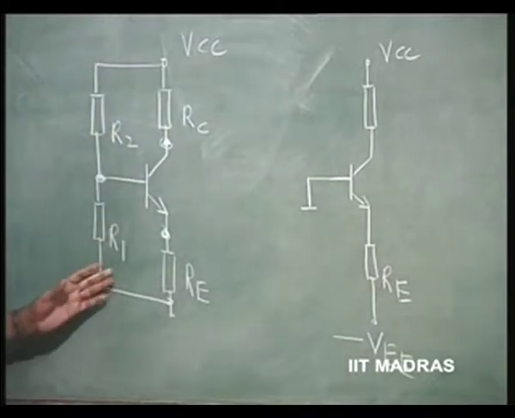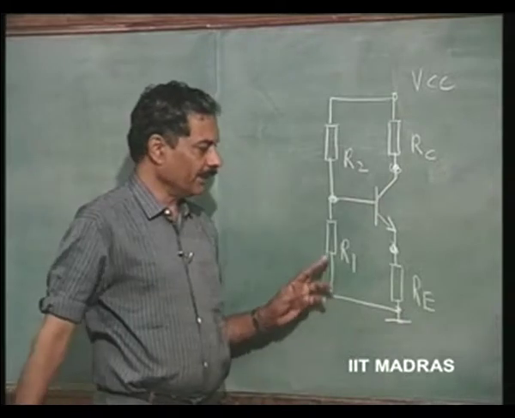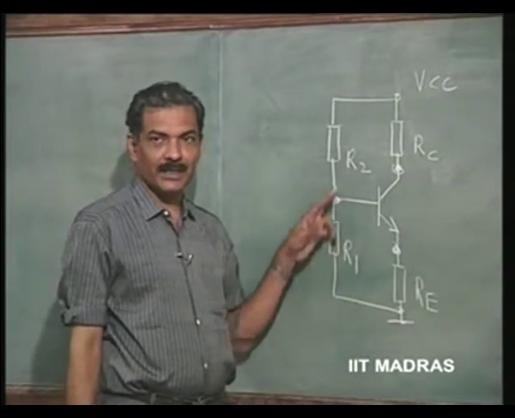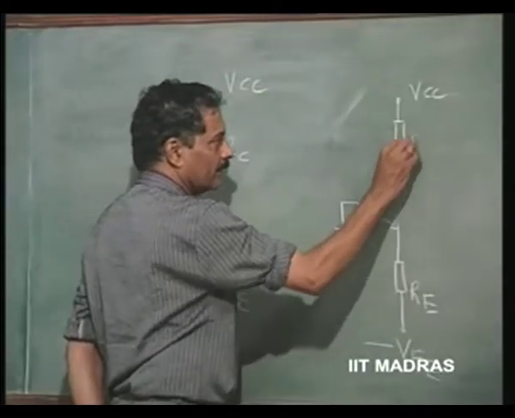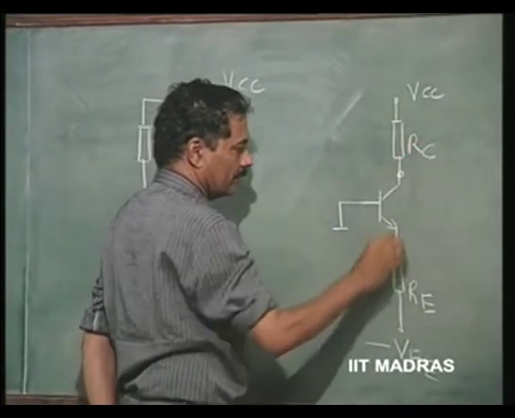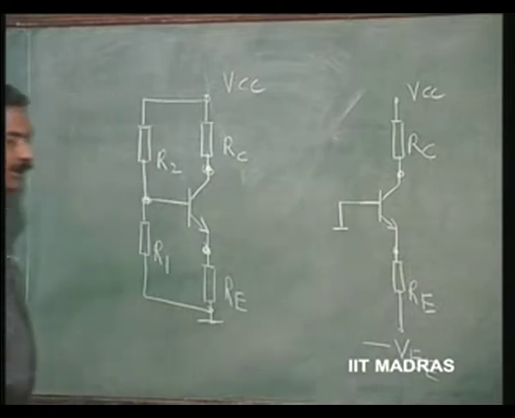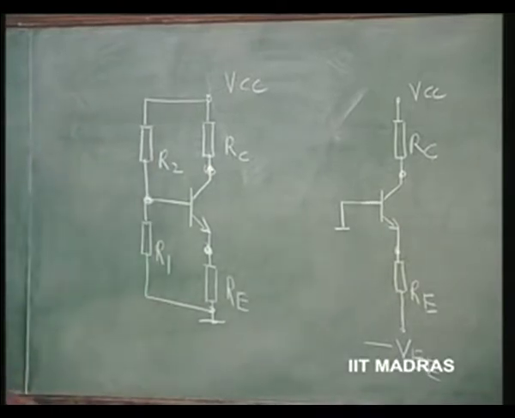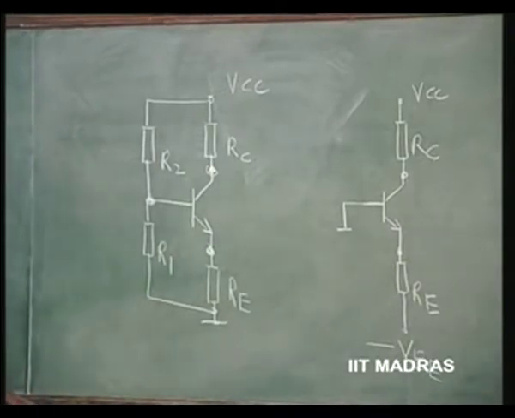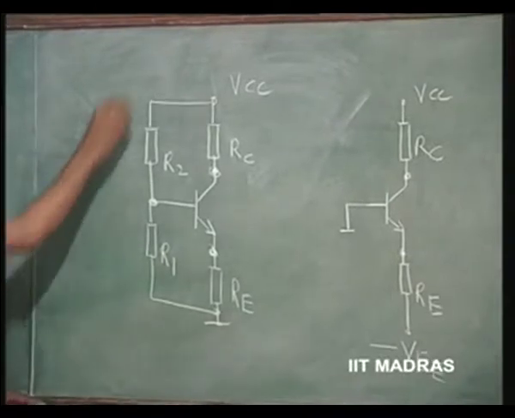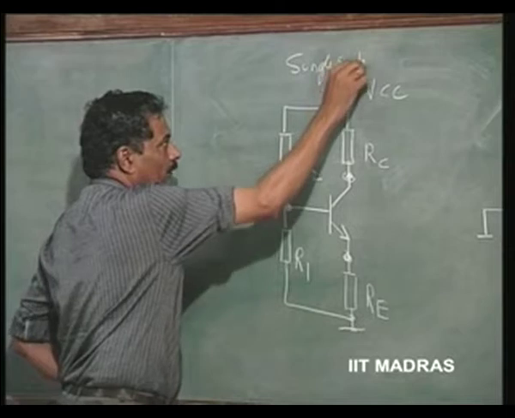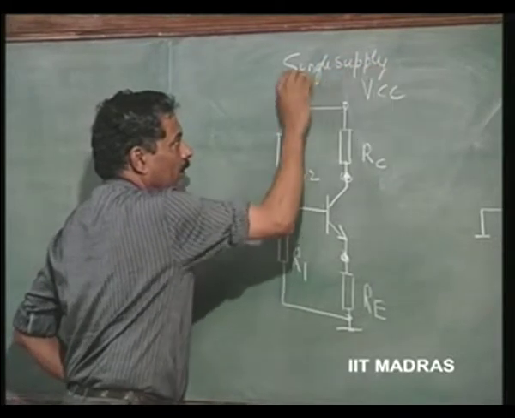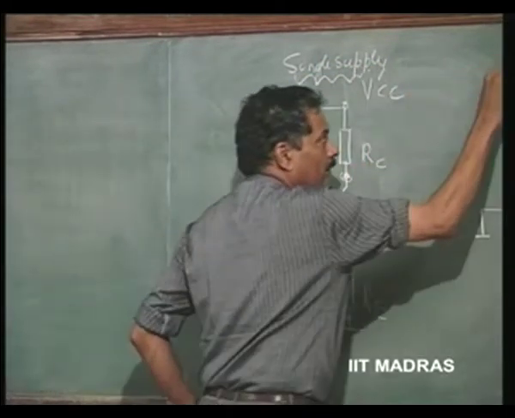In this scheme of single supply, we had to use additional resistances R1 and R2. In the dual supply scheme, we are using only two resistances. So, let us discuss both these schemes. This is single supply, this is dual supply.